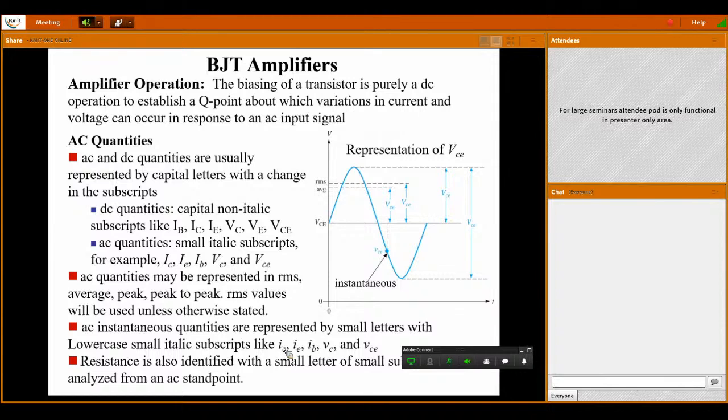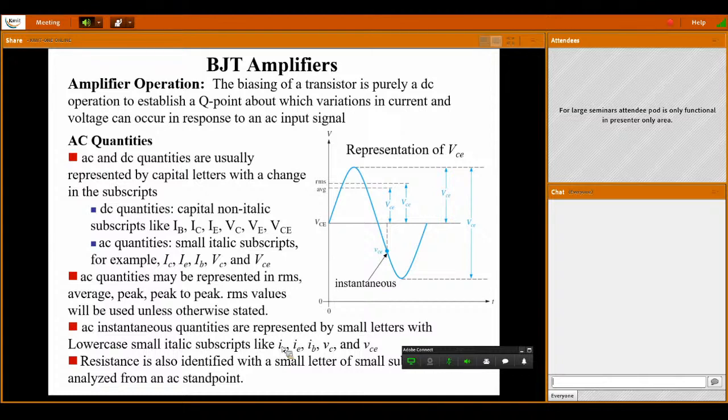Non-italic I represents the DC current, non-italic V represents the DC voltage, and the subscript, in capital letters, represents the corresponding terminal current or voltage.